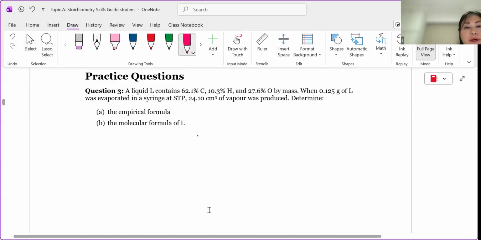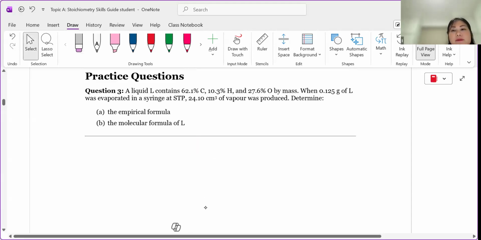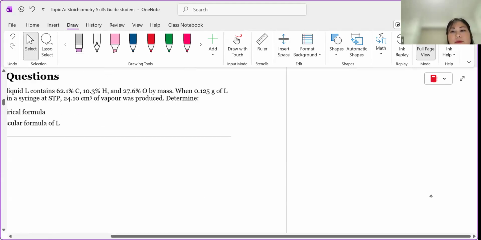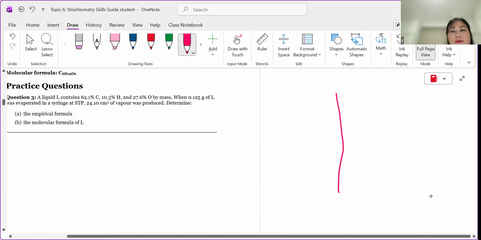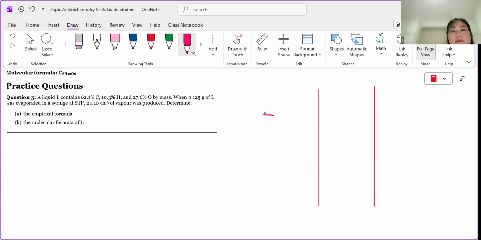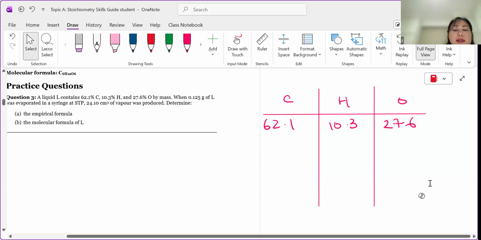So if we draw the table, you have C, H, O: 62.1, 10.3, 27.6. We find the number of moles.